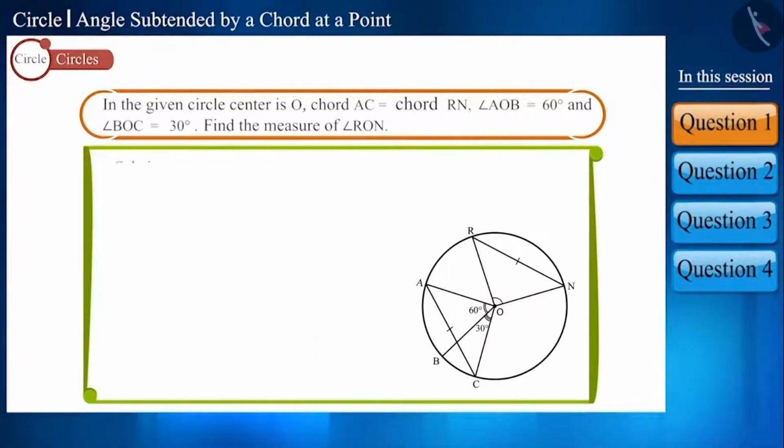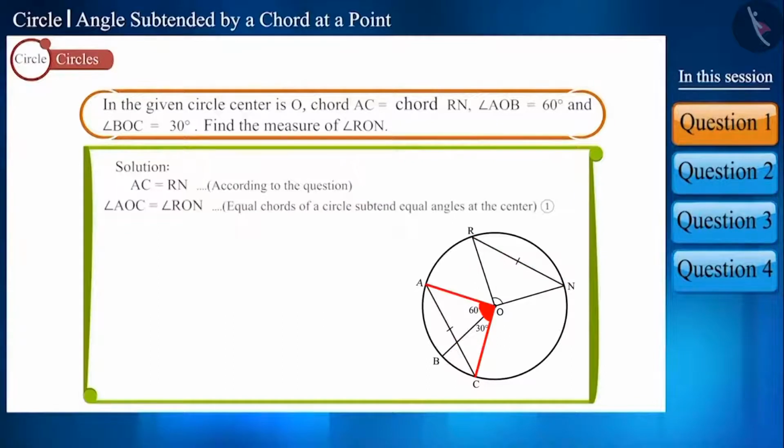Friends, we are given that chords AC and RN are equal. So, the angles AOC and RON will also be equal because equal chords of a circle subtend equal angles at the center. And if we look at the figure here, angle AOC is made up of angle AOB and angle BOC combined together.